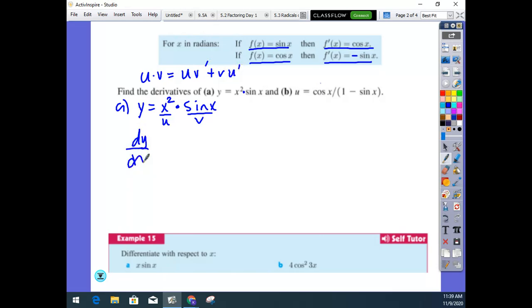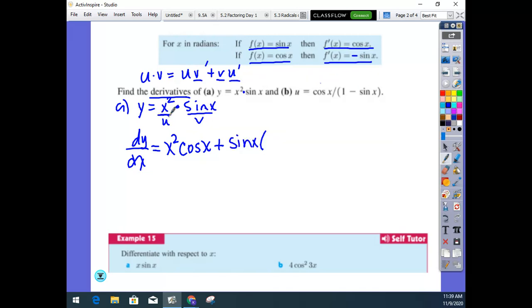So dy dx, the derivative, equals u, which is x squared, times the derivative of v, cosine, derivative of sine is cosine, plus v, sine, times u prime. What's the derivative of x squared? 2x. Final answer.